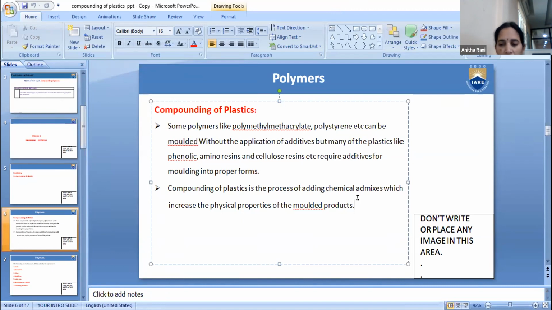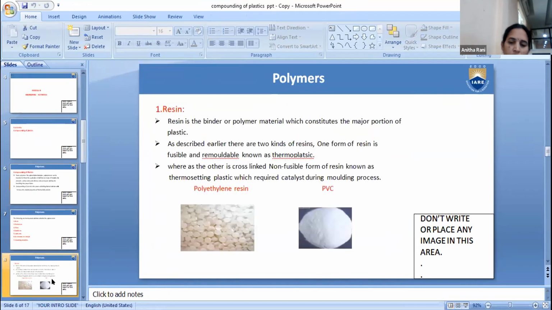So to these polymer resins, for example, you are taking one container. In that, first you will take polyvinyl chloride. I will show you now. See, this is polyethylene resin, polyvinyl chloride. You prepared it now. Clear, students? You prepared polyvinyl chloride.